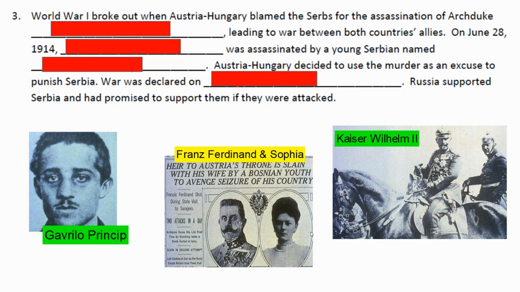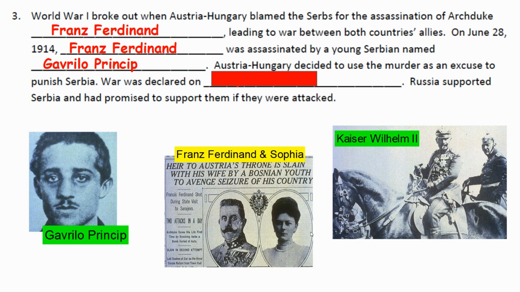The war broke out when Austria-Hungary blamed the Serbs for the assassination of the Archduke Franz Ferdinand, leading to war between both countries' allies. On June 28th, 1914, Franz Ferdinand was assassinated by our friend Gavrilo Princip.